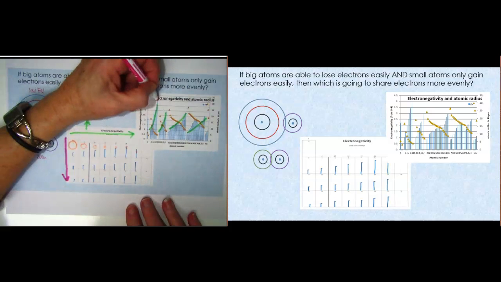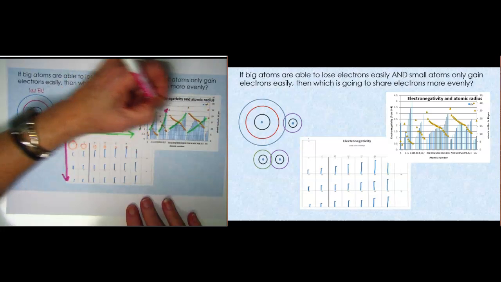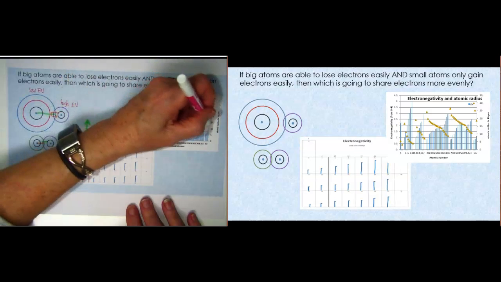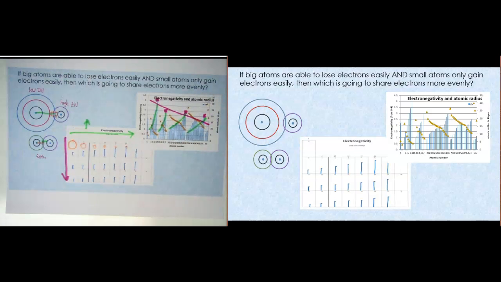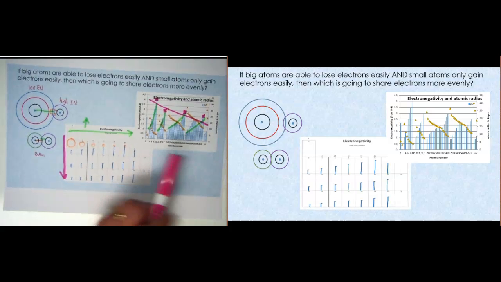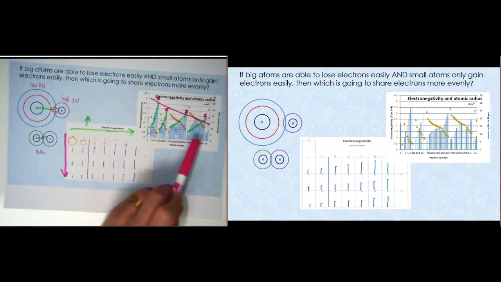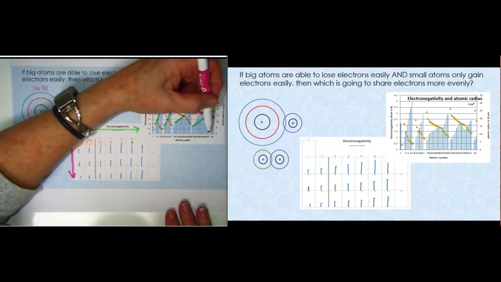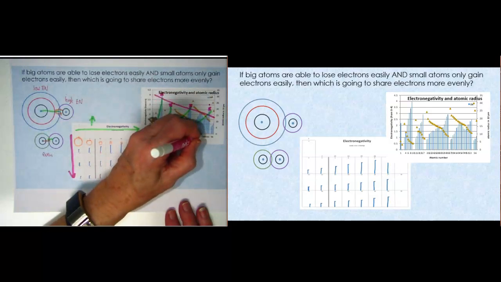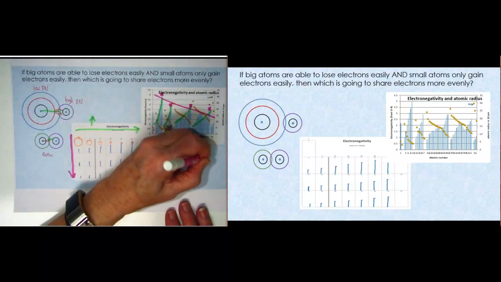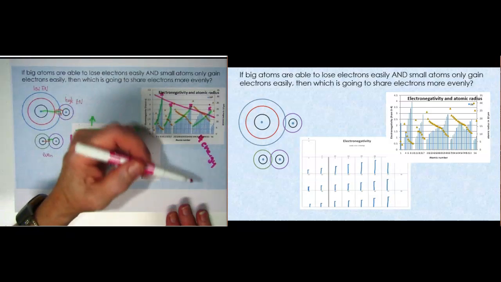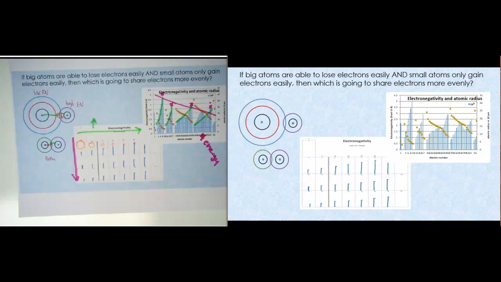So if we're going to look here at the end guy, there's 1, 2, 3, 4, and you can see electronegativity as you're getting farther away from the nucleus, because you're now looking at period 1, period 2, period 3, period 4. This guy out here has 4 energy levels. So 4 energy levels makes it farther away. If the last level is farther away, it's not going to be able to pull as tightly.